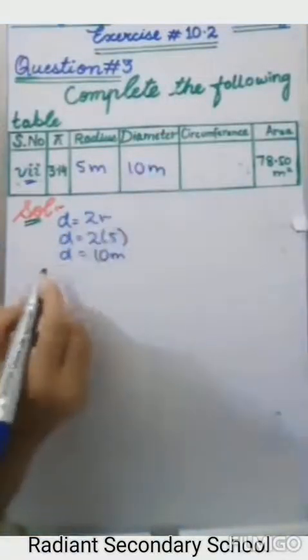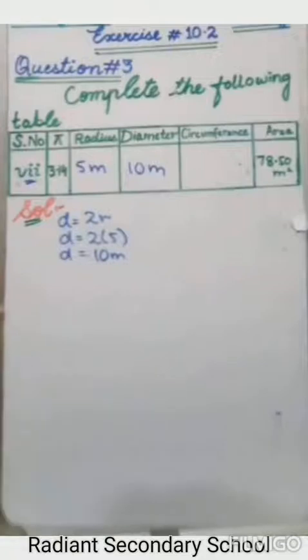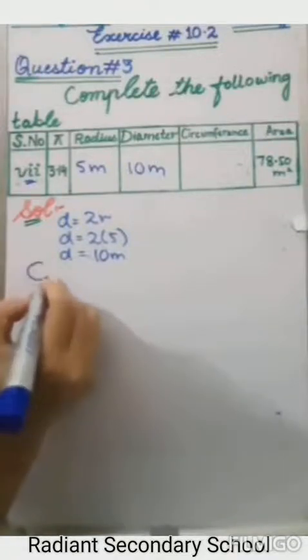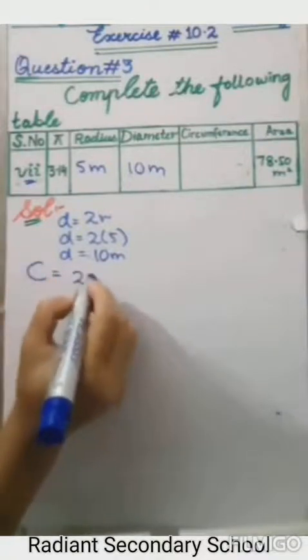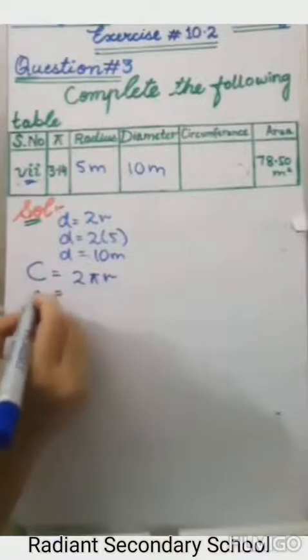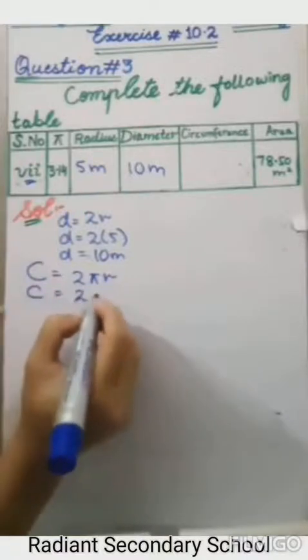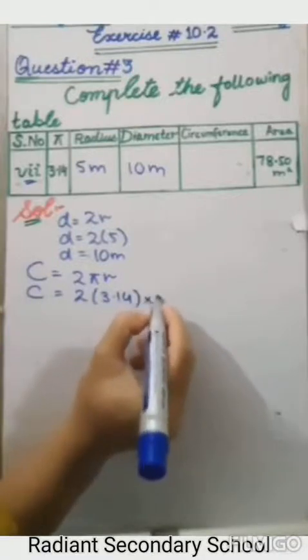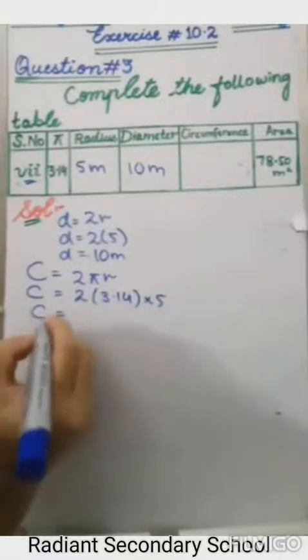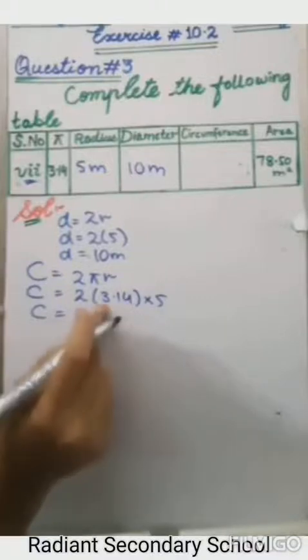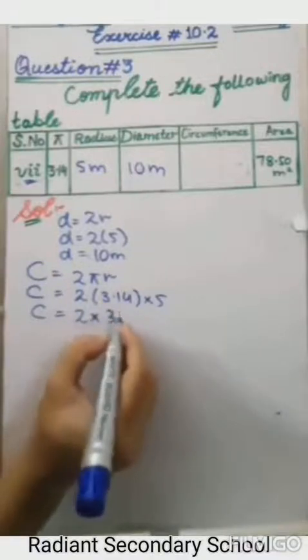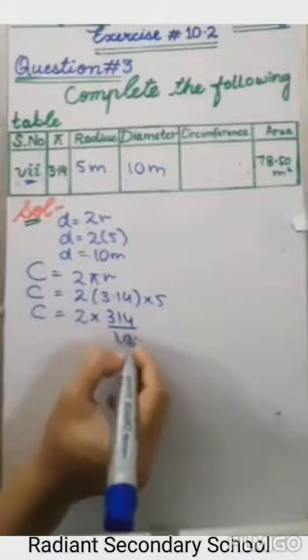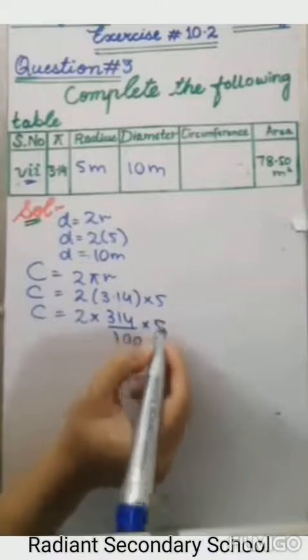Come on, circumference. For finding circumference, we have to write the formula. C is equals to 2 pi r. C is equals to 2 multiplied by 3.14 multiplied by 5. Remove this decimal. It will become 314 divided by 100 multiplied by 5.